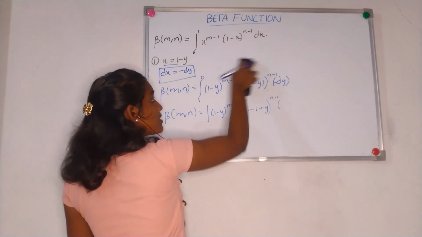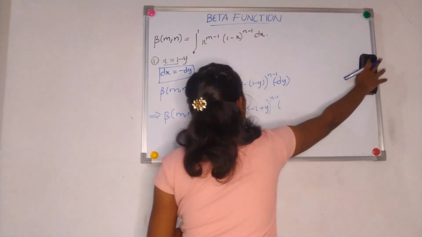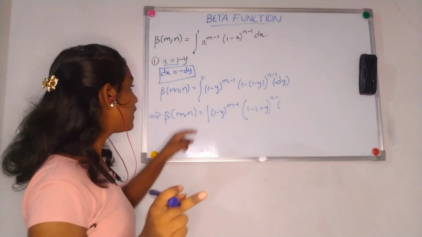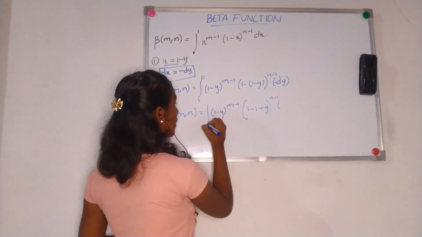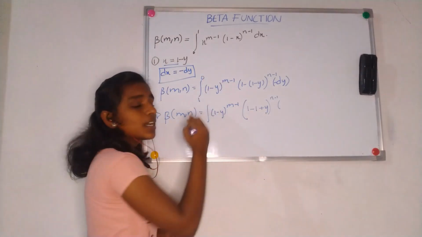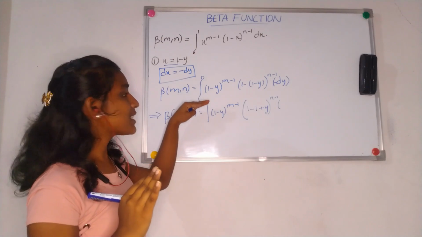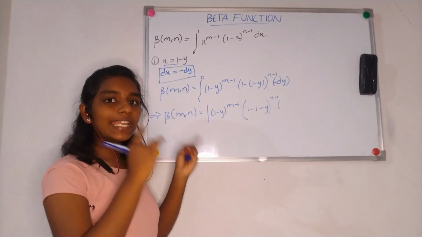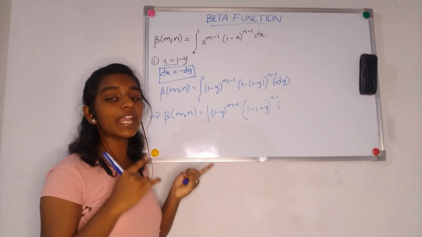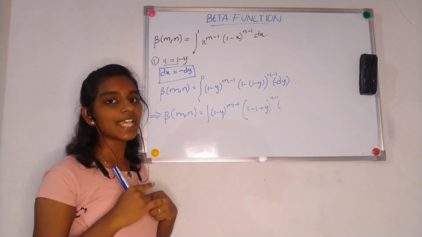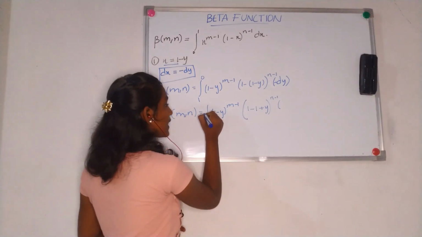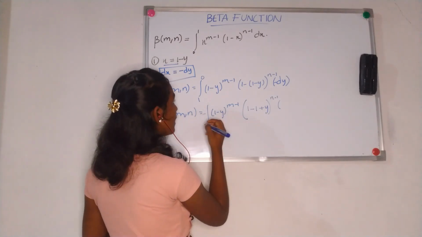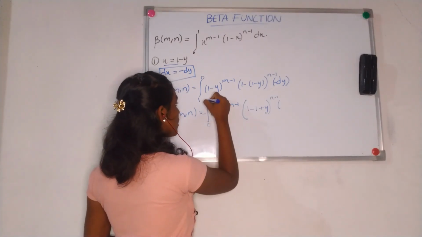That is what we have to put in the limits. You have to change the limits also whenever you change something in the integration. Remember that. Here it is from 1 to 0, but my lower limit must be the smaller one. So if I change the limits, you will get a negative sign outside. That is a property we have already studied in our intermediate second year. So the negative sign comes out, and then we change the limits from 0 to 1.